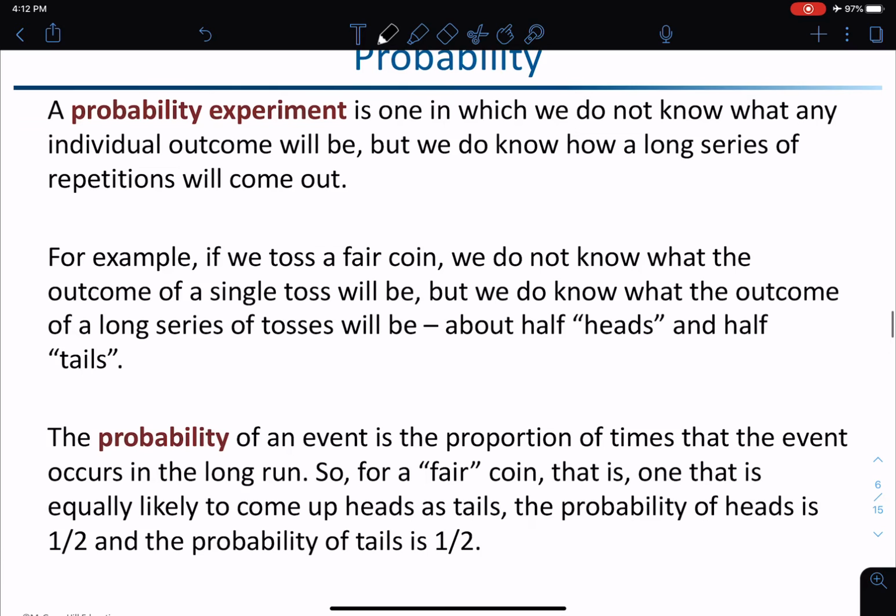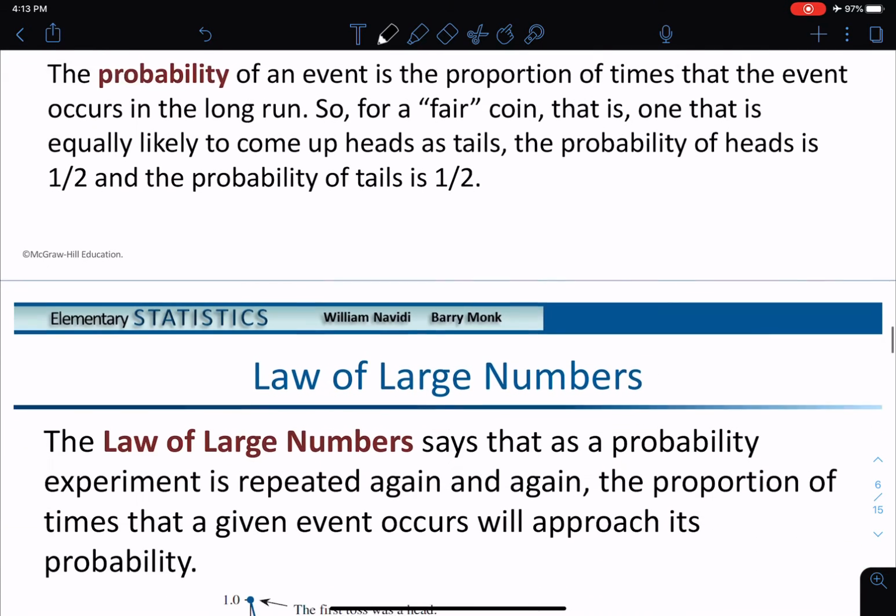The probability of an event is the proportion of times that the event occurs in a long run. So for a fair coin, that is one that is equally likely to come up heads as tails, the probability of heads is 1/2 and the probability of tails is 1/2.